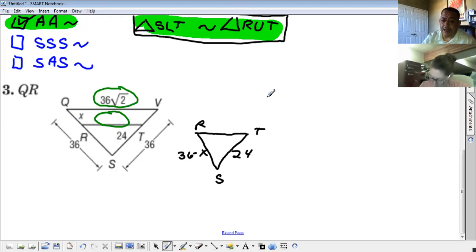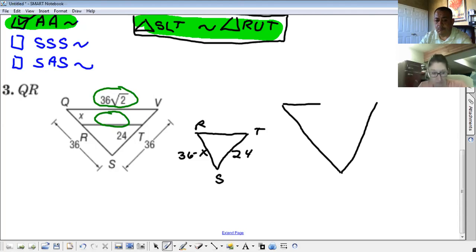Now I'm going to draw the big triangle. When drawing the big triangle, this is point V, point Q, and point S. Now, I know that the big piece is 36.